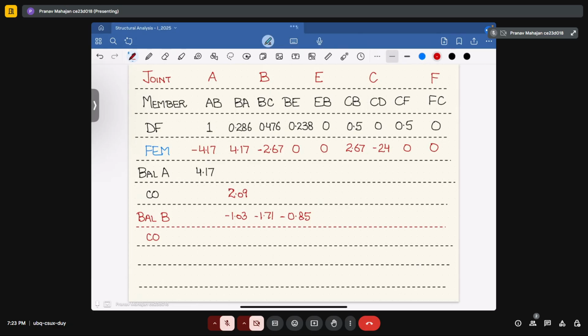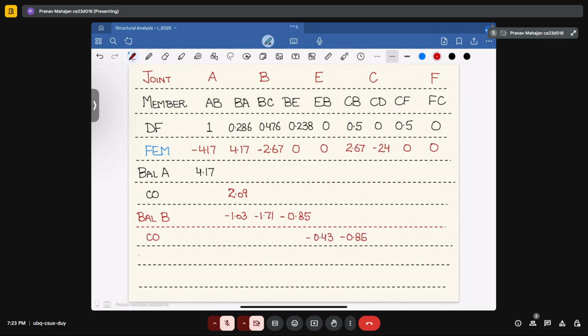So 0.85 will give the same value to CB, minus 0.85, and here the corresponding carryover will come, that will be 0.43. Fine.